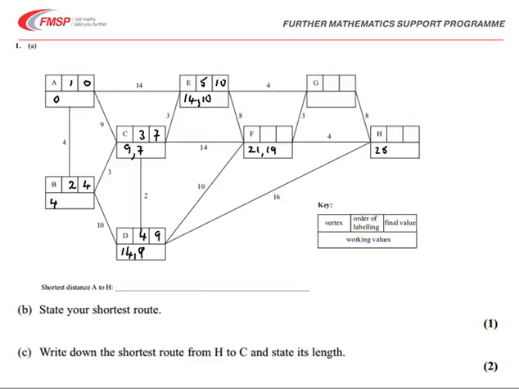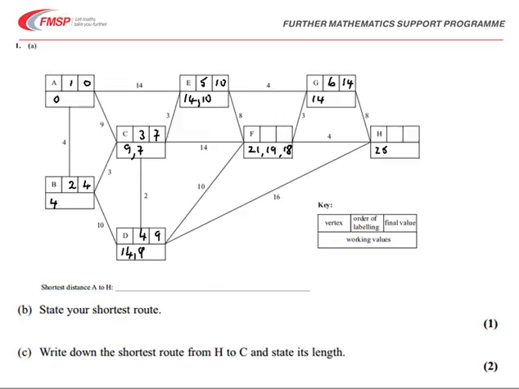From that point we can reach G, so that gives a value of 14 for G. We can also reach F, and that will give us a new value of 18 for F. Looking at those, we've got the smallest value of 14 for G, so that becomes the sixth point and has a value of 14.